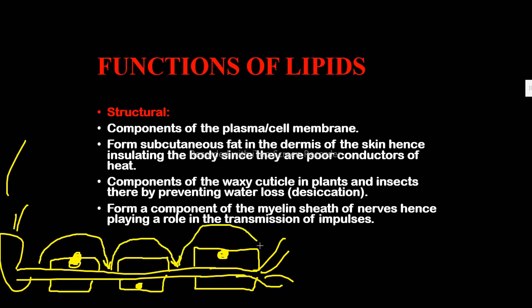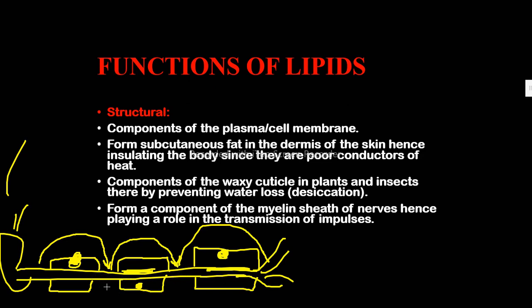How? By insulating ion exchange at these points and allowing ion exchange at nodes of Ranvier. These nodes are called nodes of Ranvier. That's why you have ion exchange.